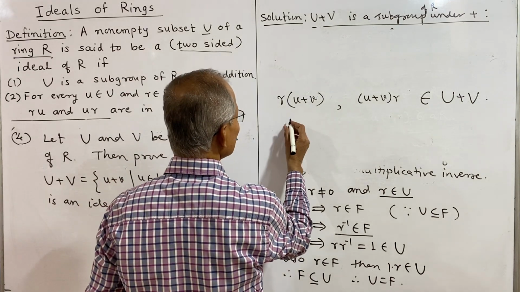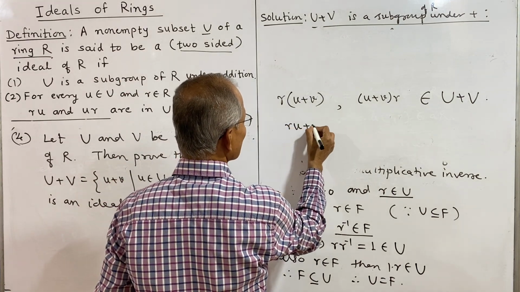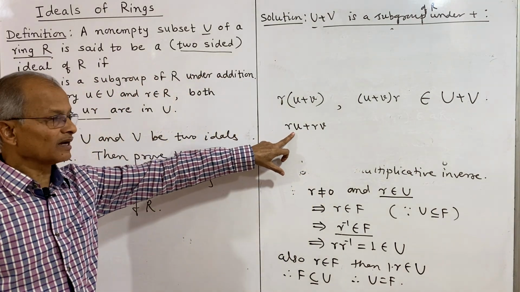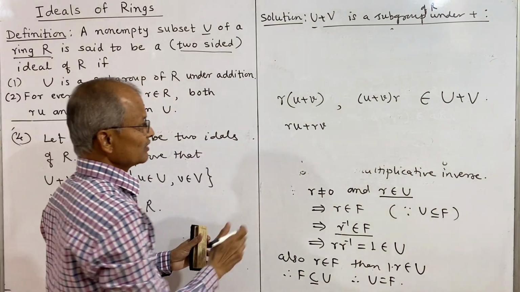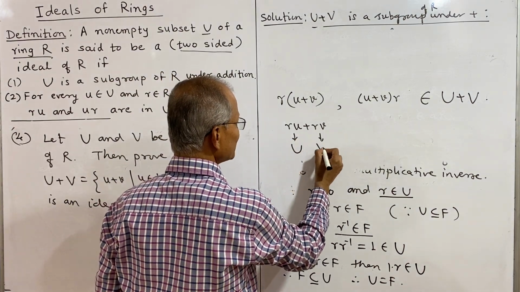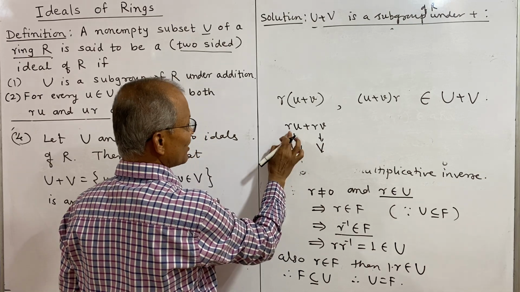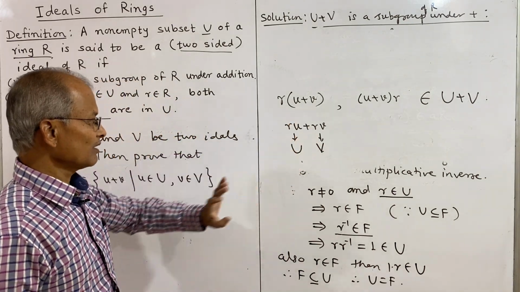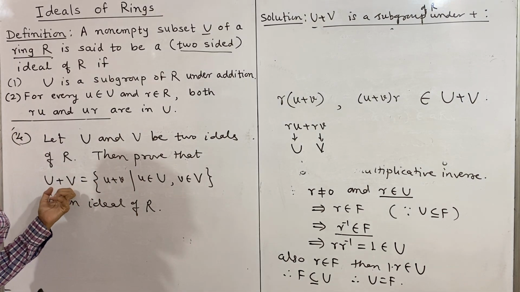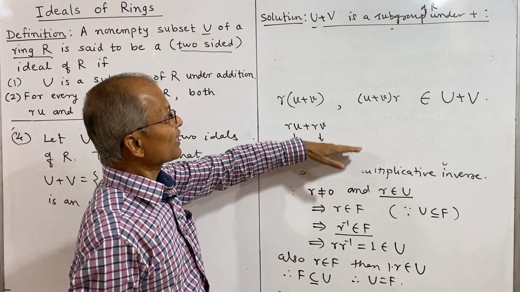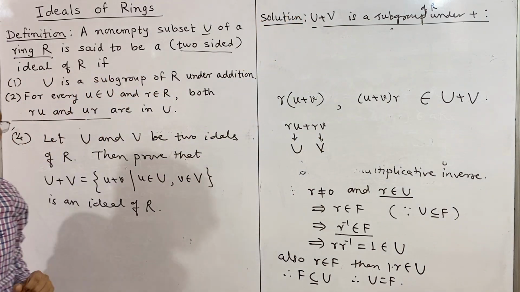What will this be? ru plus rv. Because U is an ideal, ru is in U, and because V is an ideal, rv is in V, and therefore the first element is in U, the second is in V, and their sum is in U plus V by definition. In that way we can prove both these results, and the first is also obvious.